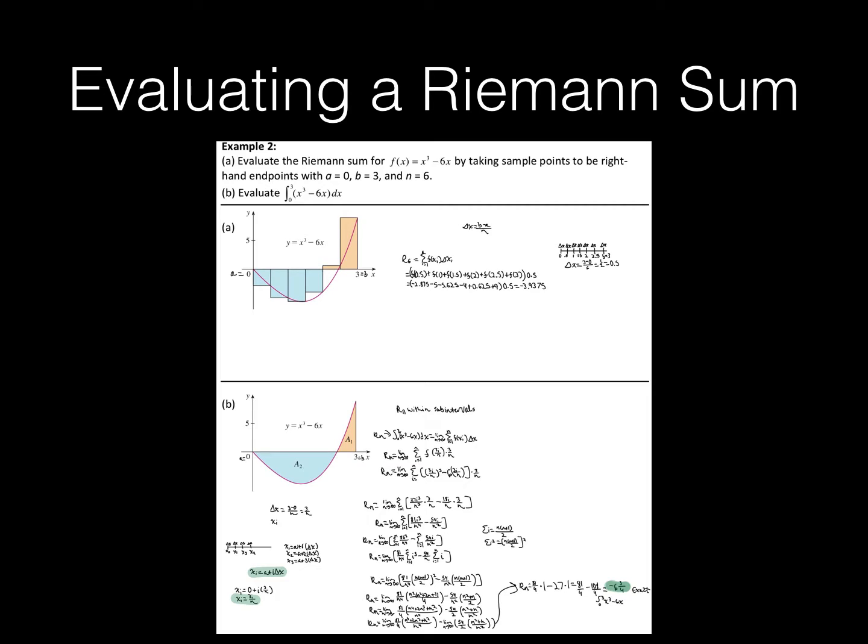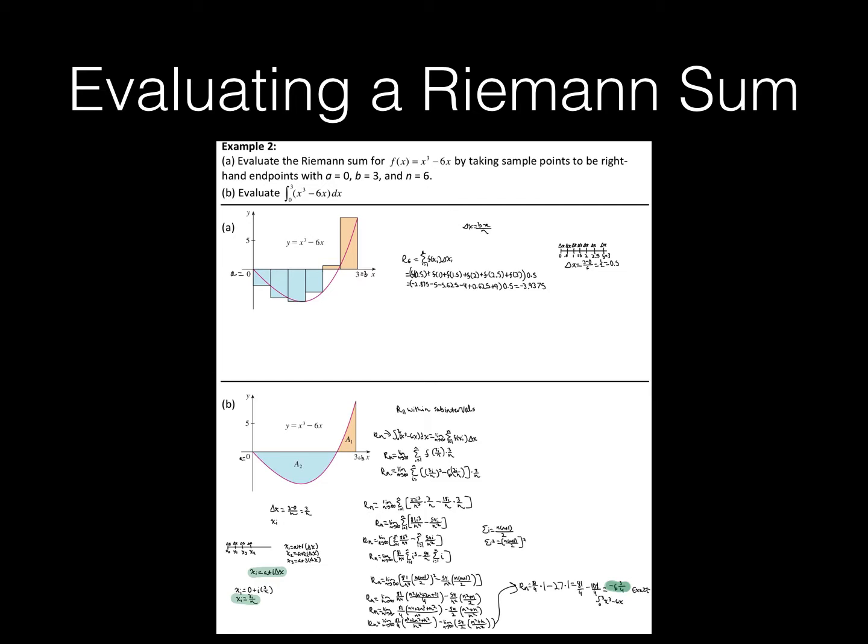So here's an example of evaluating a Riemann sum. In part A, we will evaluate the Riemann sum for f of x equals x cubed minus 6x by taking sample points to be right-hand endpoints with a equals 0, b equals 3, and n equals 6.